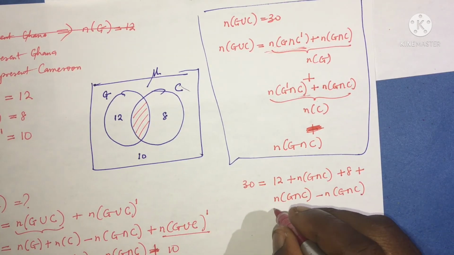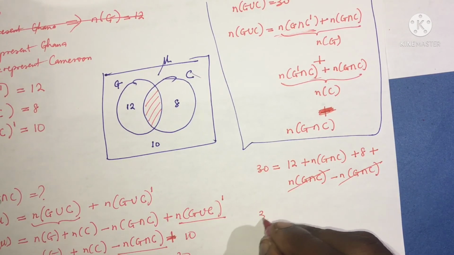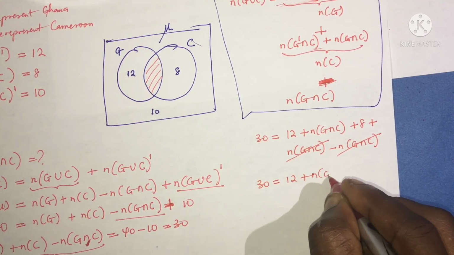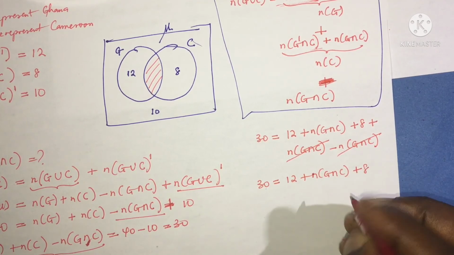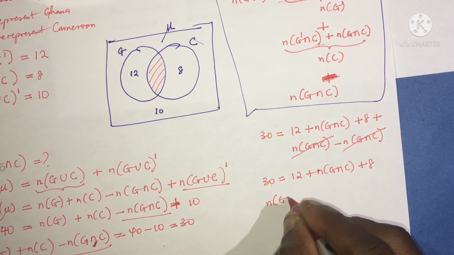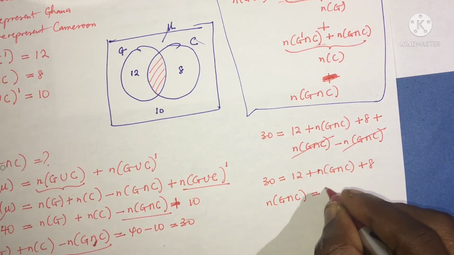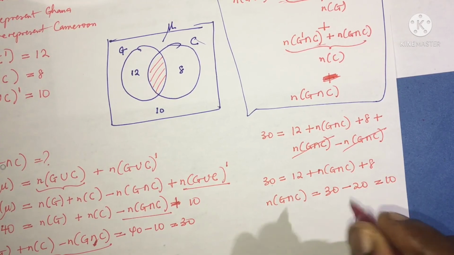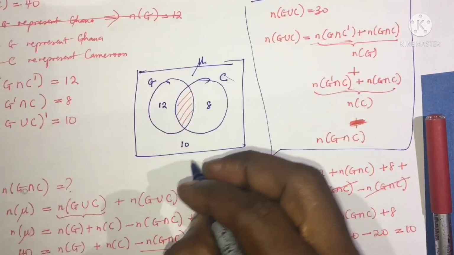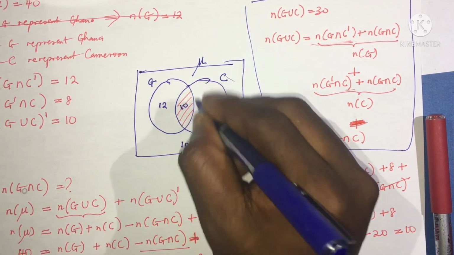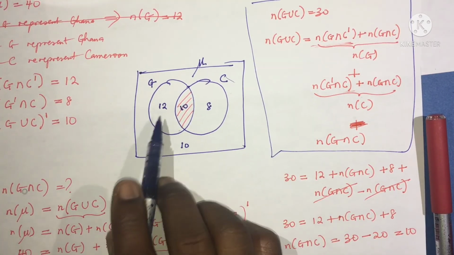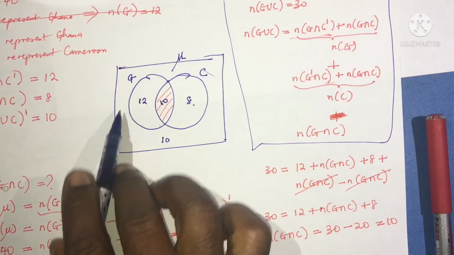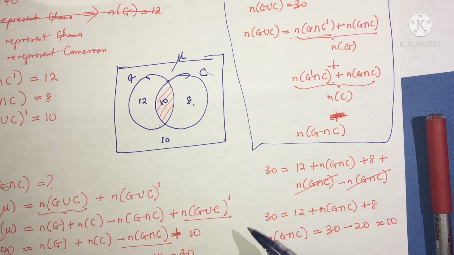Now this minus this will go, leaving us with 30 equals 12 plus n(G intersection C) plus 8. So n(G intersection C), if made the subject of the formula, will be 30 minus 12 plus 8, which is 20, giving us 10. So the number of candidates in this portion of the set is 10. Now take note, if you add 12 to 8, it gives 20. 20 plus 10 gives you 30, which is actually the union of the set.